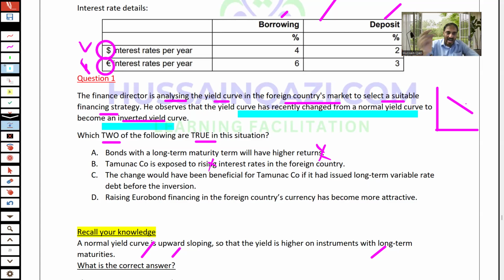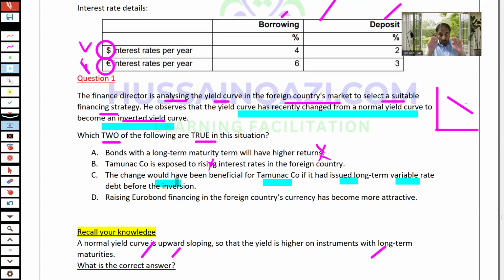Yes, one by one. Why is C right? The change would have been beneficial for Temunic if it had issued long-term loans, that is, as a borrower. If Temunic became a borrower at a variable rate before the inversion, variable rate means LIBOR plus spread, so interest will be paid according to the market.